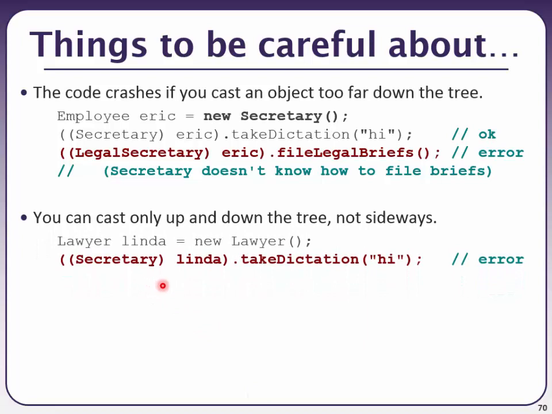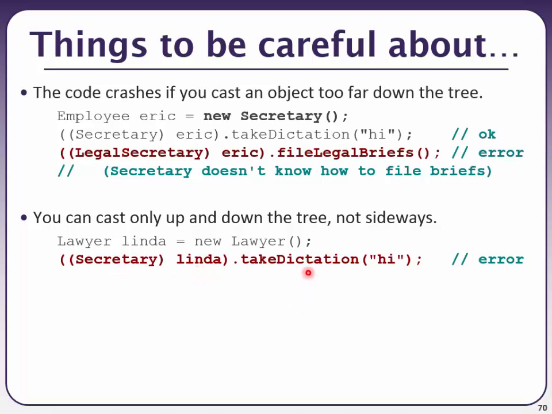Another thing to keep in mind is you can cast up and down the hierarchy, you know, the inheritance tree, but not sideways. For example, Linda is a variable that's meant to hold a reference to an object of class lawyer. I create a new such object and I put the reference in Linda. Everything works so far. And then I try to use a magic trick, quote unquote, of typecasting to convert that reference inside Linda, which is a reference to a lawyer, to a reference to a secretary.